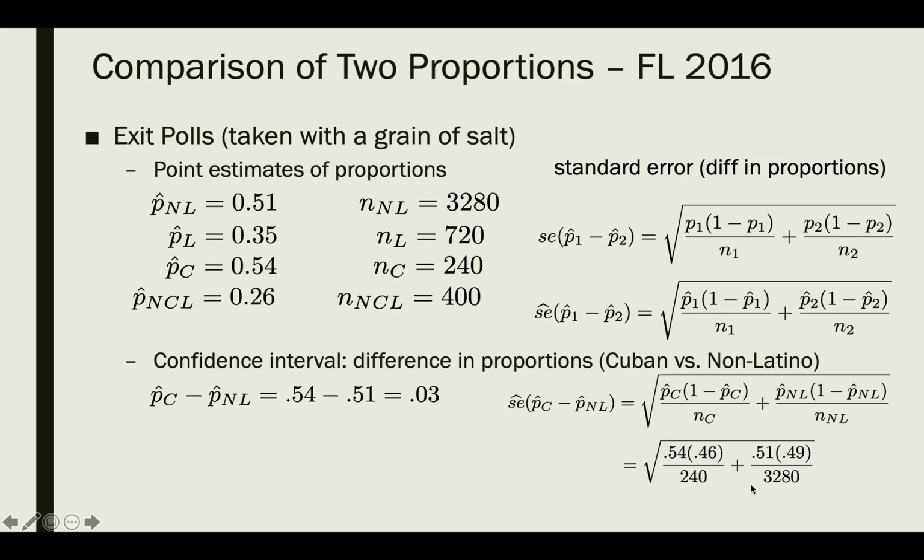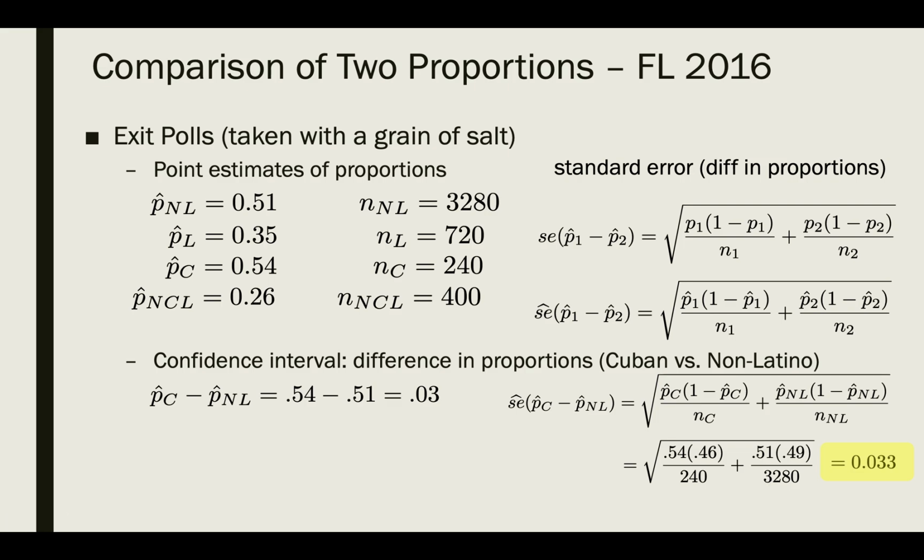And the second one, non-Latino Floridians voting for Trump. So 51% times 49% over the total. Notice the small total number of Cubans in the overall sample, just 240. But we have 3,280 among the non-Latinos.